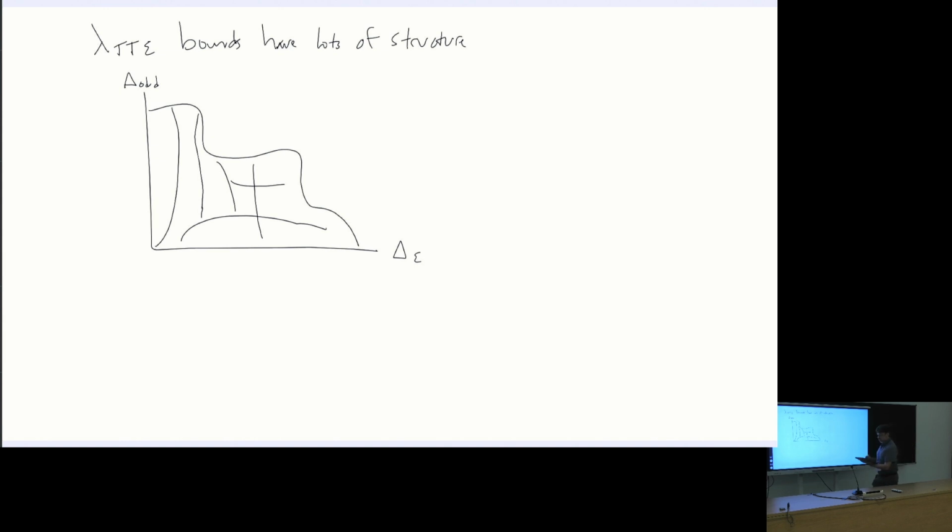Now, just to show you one slice of this that's interesting for the Ising model, let's input some moderate delta odd gap, which we're sure Ising satisfies, and input some delta epsilon gap so that we're honing in on the Ising spectrum.